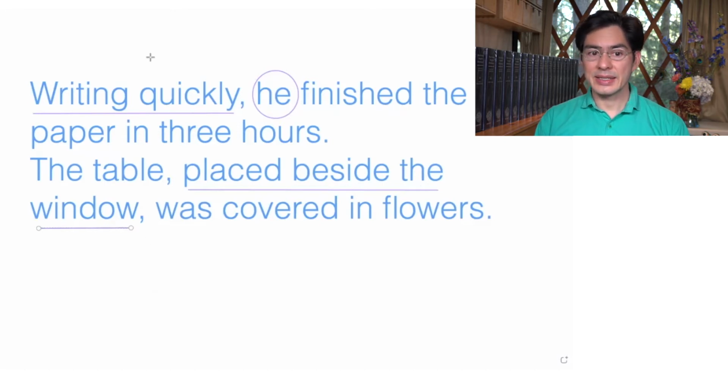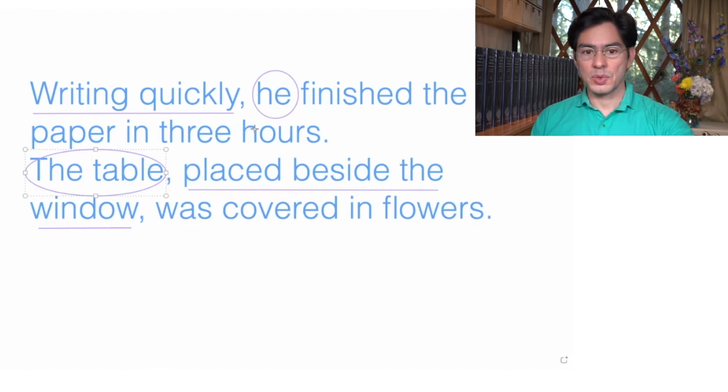And again, as in the first sentence, it is describing a noun, in this case, the table. Where is the table placed? The table was placed beside the window. So this participle phrase, placed beside the window, is doing the work of basically an adjective. That's why these can also be called adjective phrases. So there's a first note about participles.